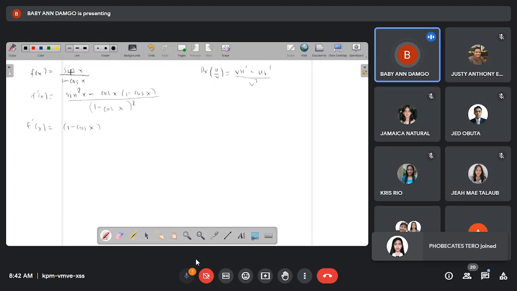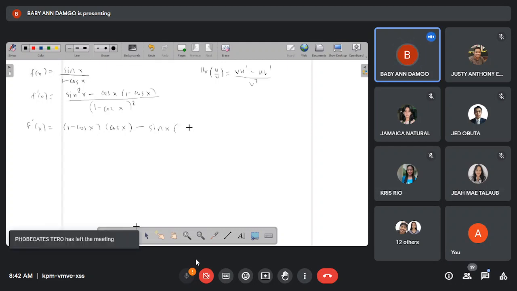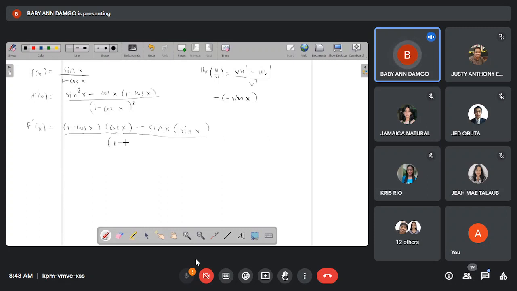V is 1 minus cosine x. The derivative of sine is cosine x, minus sine x times the derivative of 1 minus cosine x, which is sine x, since the derivative of 1 is 0 and the derivative of cosine x is minus sine x, all over 1 minus cosine x squared.